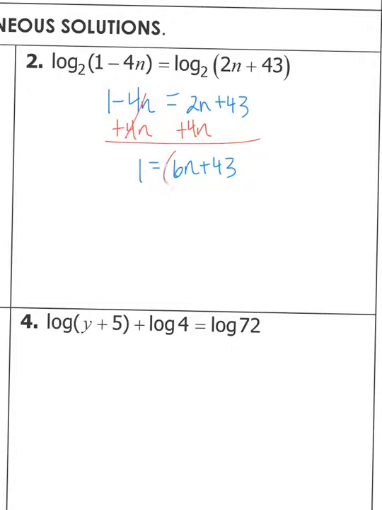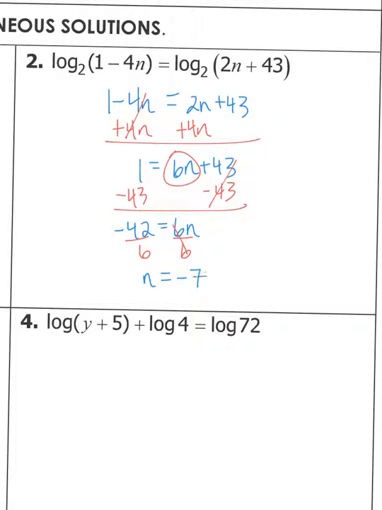And then you're going to solve for your variable term or isolate that. And then divide by 6, and n is equal to -7.